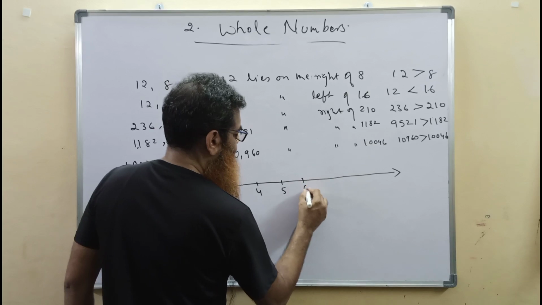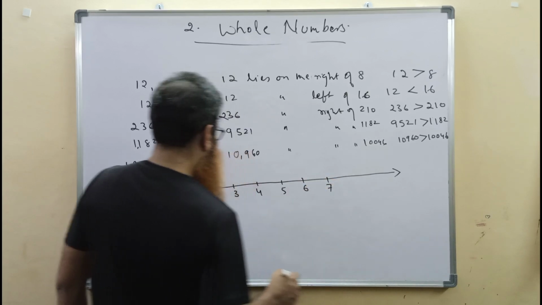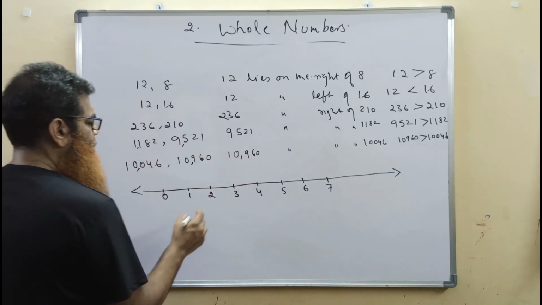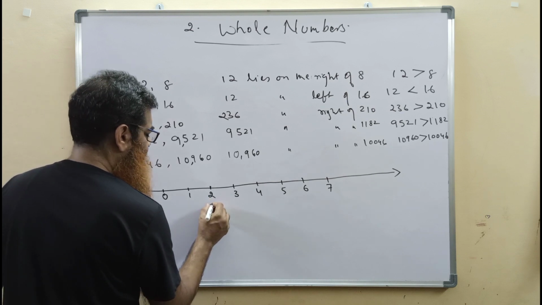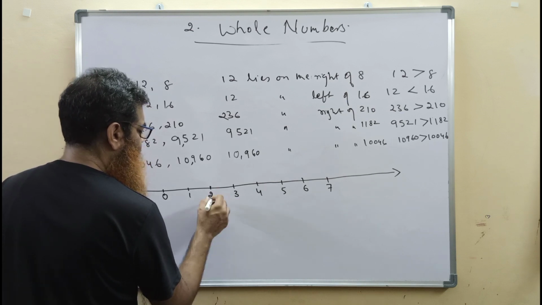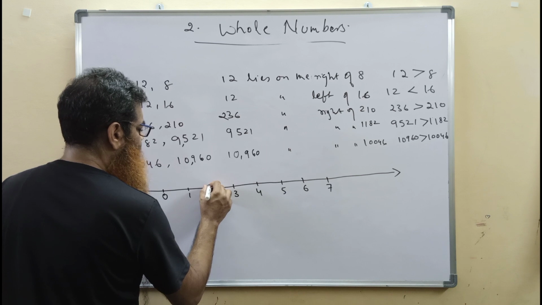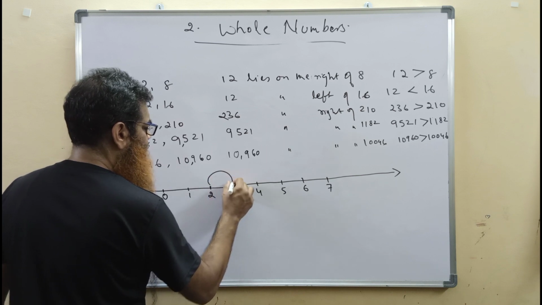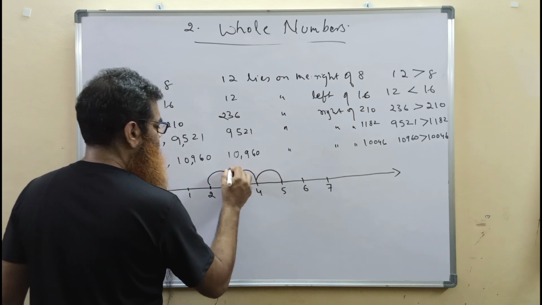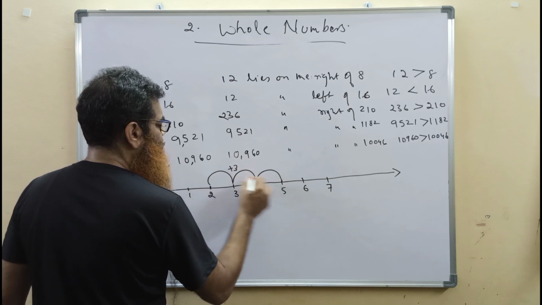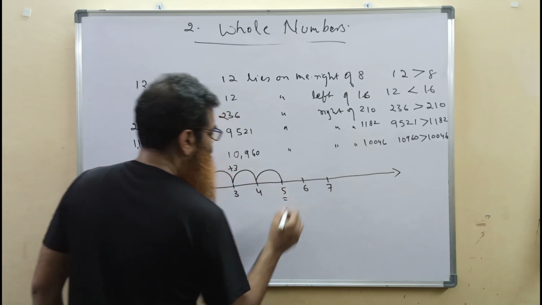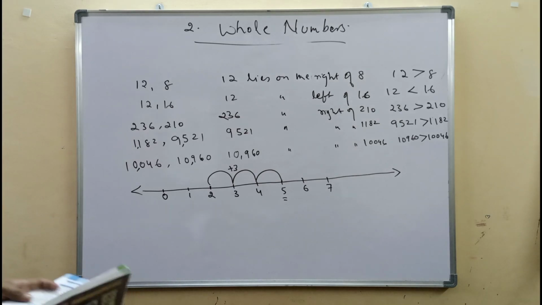Here we are trying to add 2 and 3. We begin from 2: 1, 2, 3. 3 is added to 2, and we end up at 5. So this is the addition shown on a number line.